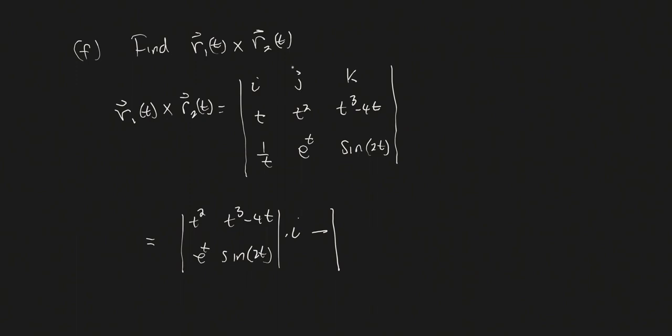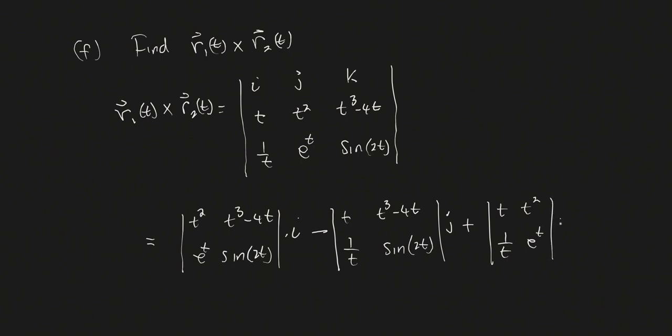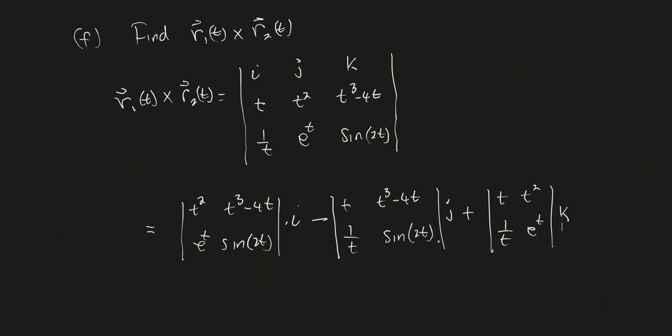Block out the column with the j, so the second column, and again the first row, and we're left with t, and then t cubed minus 4t. We have our 1 over t there, and then the sine of 2t. And then finally, this is times j, and then plus our third 2x2 determinant. Block out the third column, and then we're left with t squared, 1 over t, e to the t, and then times k.